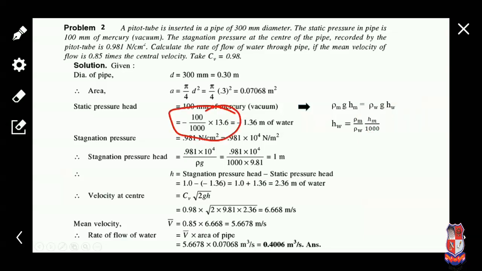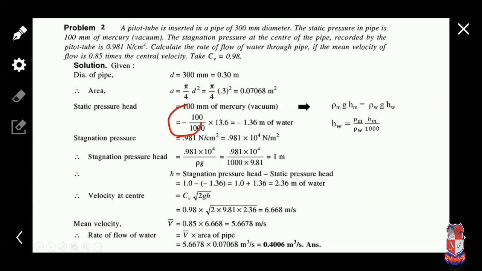So now put in all the values. The density of mercury is 13.6, and the density of water is 1, and Hm, the height of the column of mercury, is 100 mm, so divide by 1000 to convert it into meters.